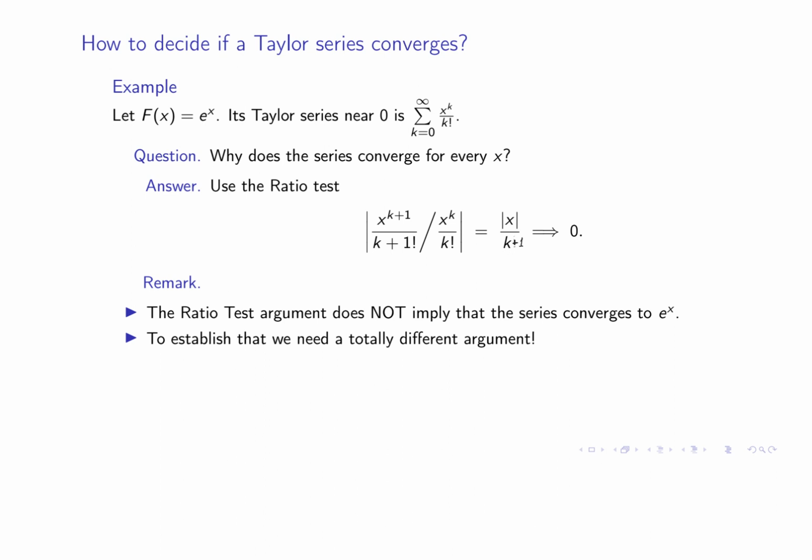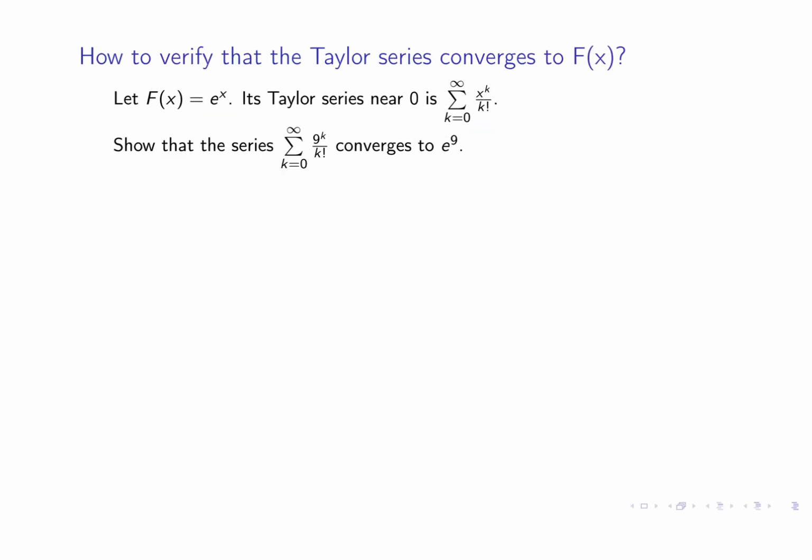That was easy. However, this only states that the series converges. It does not say that the series converges to e to the x. So how do we know that it converges to e to the x? For that, we need a totally different argument. To see how that type of argument works, let's start with an example. Let's pick any x value, for instance, x equal 9. The Taylor series at x equal 9 will produce this series of numbers, and the y value of the original function at x equal 9 is e to the 9.